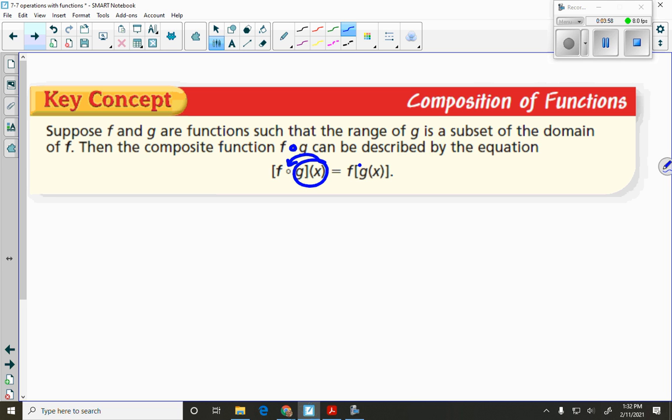So I figure out the g of x, get that value, and then put that value inside x of the f equation. So f of g of x is how you see that. But that is FOG. The big thing I want to point out is g is closest to the x, so do g of x first, and then that's going inside the f of x.